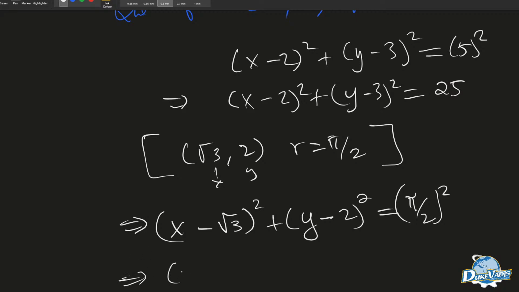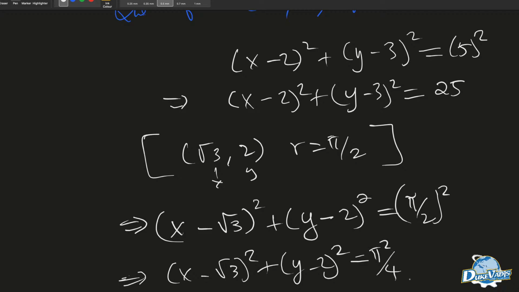So this can be (x minus square root of 3) squared plus (y minus 2) squared is equal to pi squared over 4. So this is the equation of a circle, and everywhere we go, this is how we can find the equation of a circle.